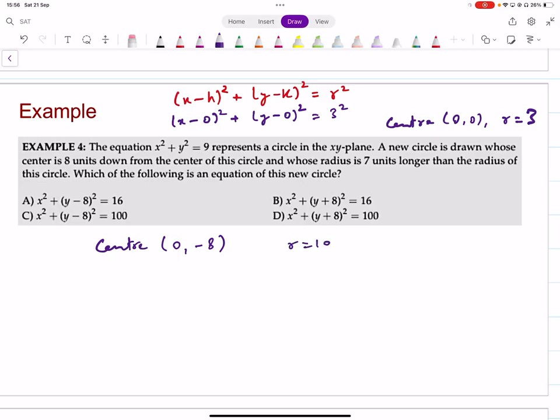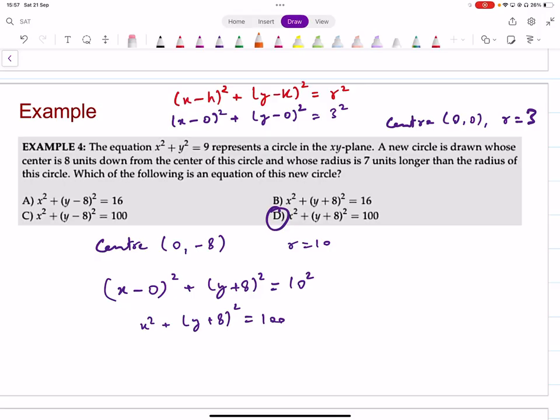What's the equation going to be? (x minus 0) whole squared plus (y minus minus 8), that's y plus 8 whole squared equals 10 squared. So that's x squared plus (y plus 8) whole squared equals 100, which is D. Is that okay? Any problems?